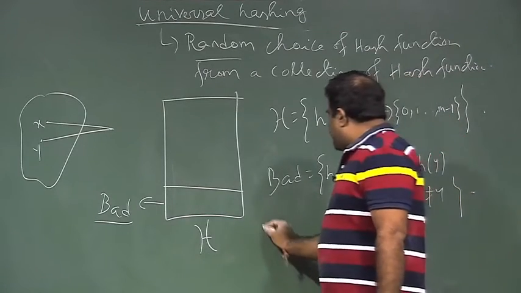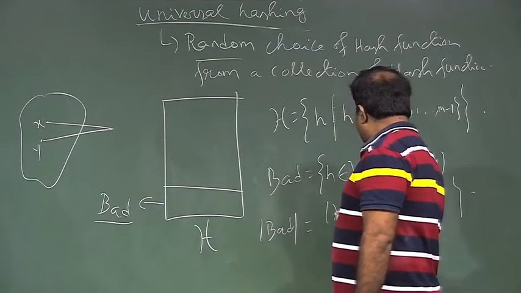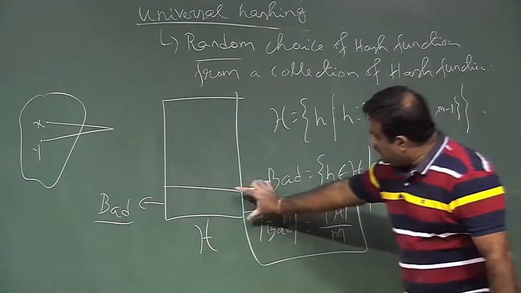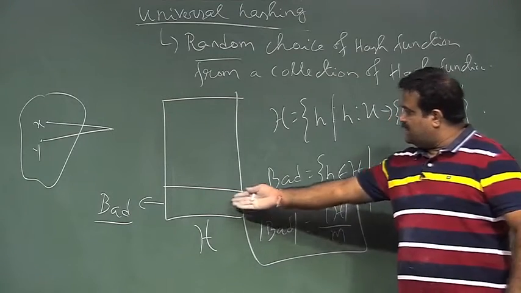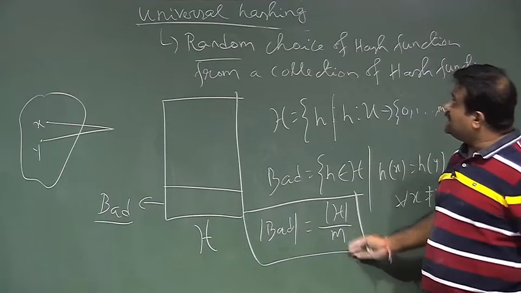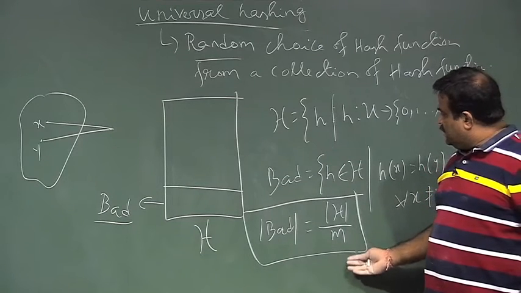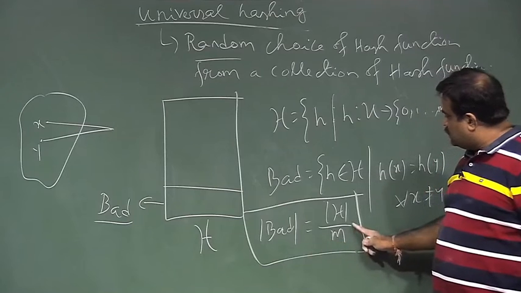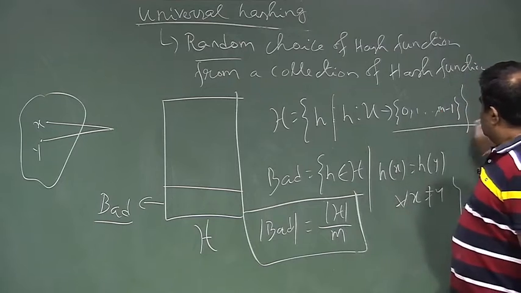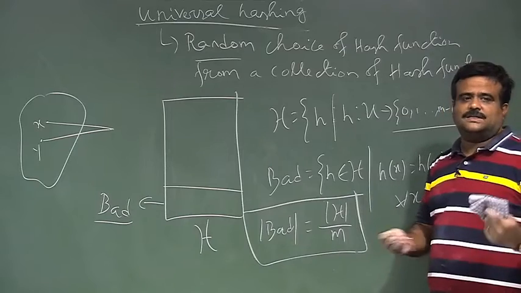Now if the cardinality of the bad portion, basically the cardinality of H by M, that means the number of elements in this set, is 1 by M fraction of the total, where M is the number of slots, then this collection is called a universal collection of hash functions.